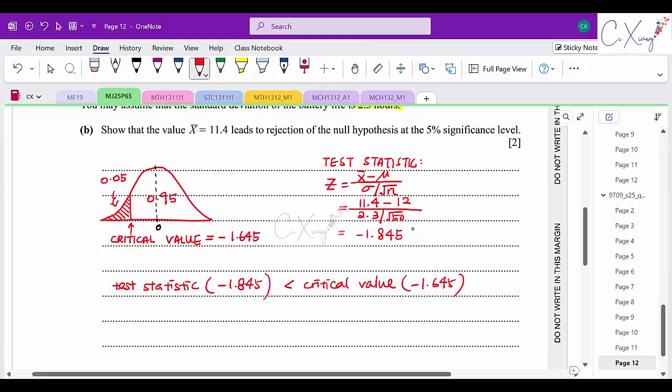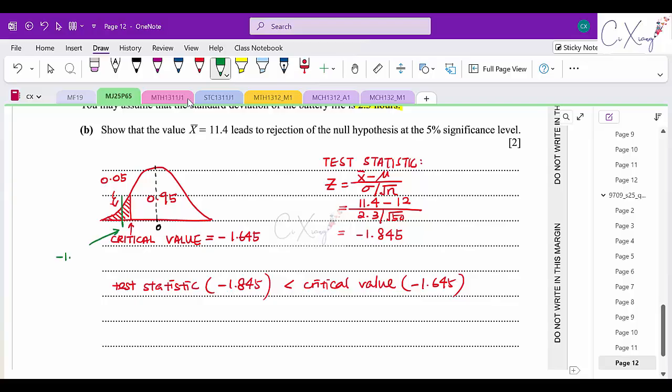And if you put this test statistic in the diagram that I drew, you will see that negative 1.845 falls under the rejection region, because negative 1.845 is smaller than negative 1.645. Therefore, when you draw it in the diagram, it should be before the negative 1.645, and this green line falls under the rejection region. Therefore, we know that we have to reject the null hypothesis.